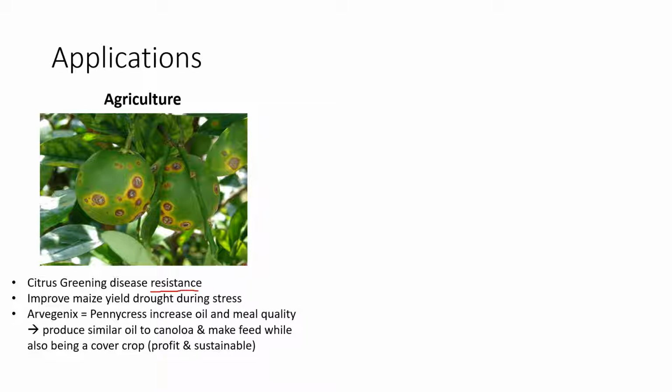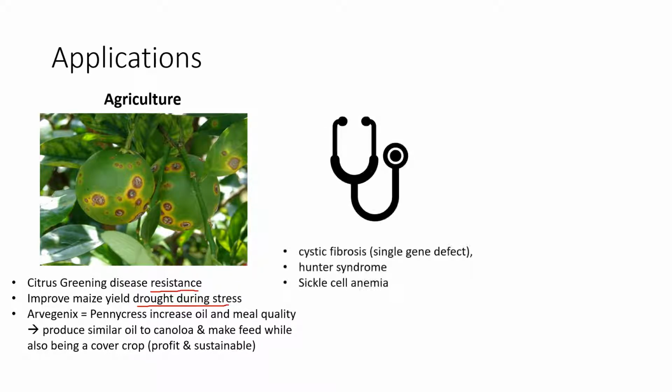They've also used CRISPR with maize or corn to improve the yield during drought stress. And there's another company called Arvigenics using CRISPR on pennycress to increase the oil and meal quality so that when it's used as a cover crop, it can also be used to make profit. So it's profitable and sustainable.